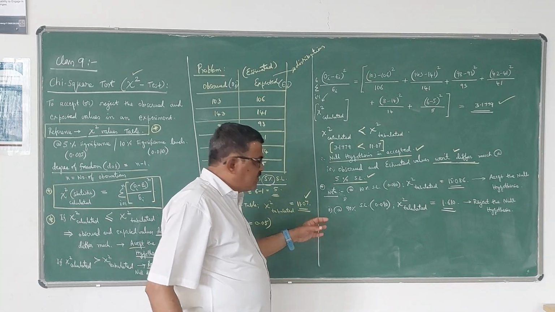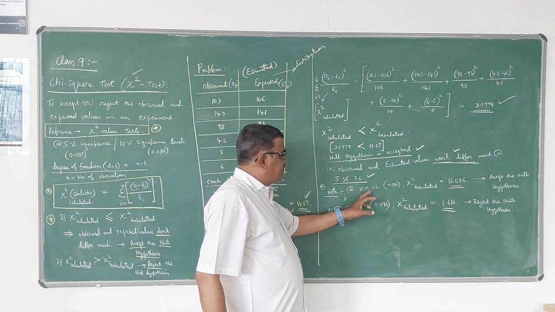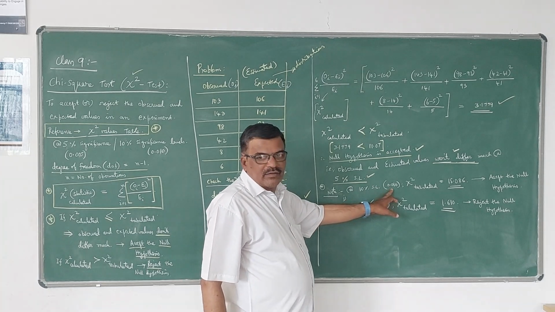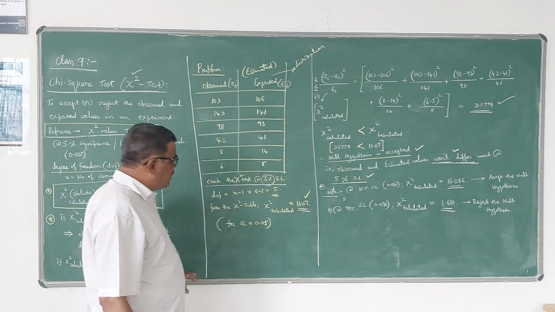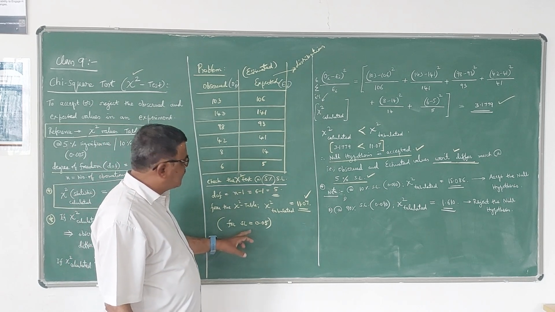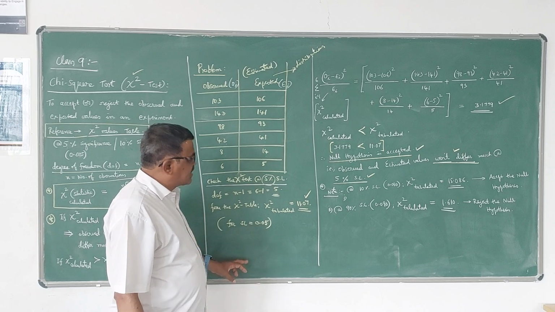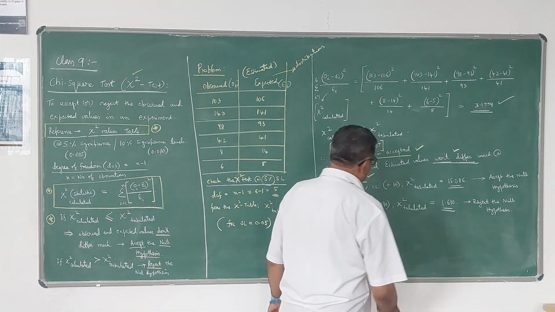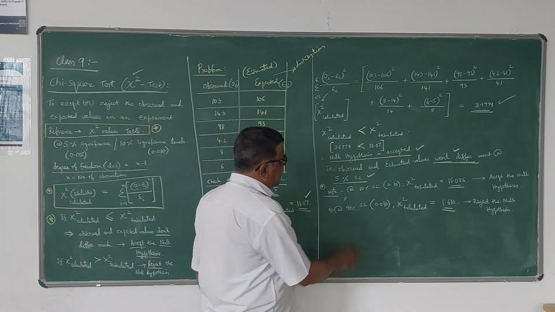Suppose the same problem is asked at the 10% significance level, then we have to look in the table. 0.05 is for the 5% significance level, and 0.1 is for the 10% significance level.